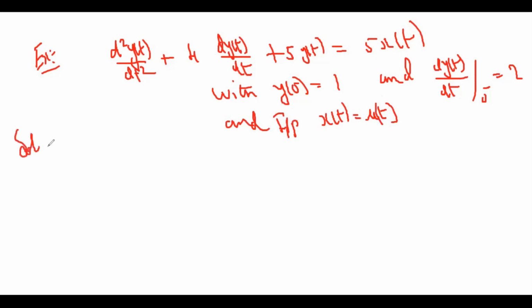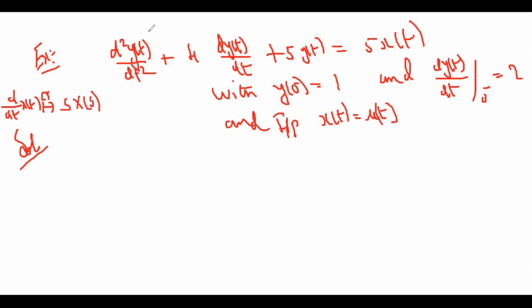Now solve the following differential equation. Apply the Laplace and apply the inverse Laplace transformation also. What is the Laplace transformation of a derivative function? D by dt of x of t, the Laplace transformation is s into x of s.